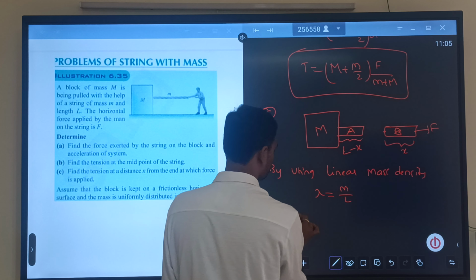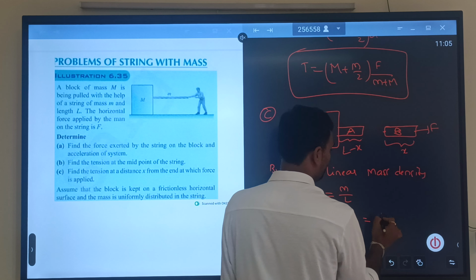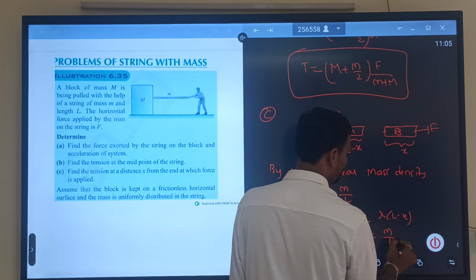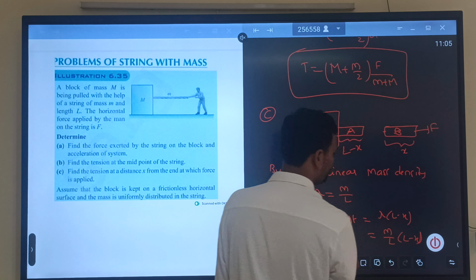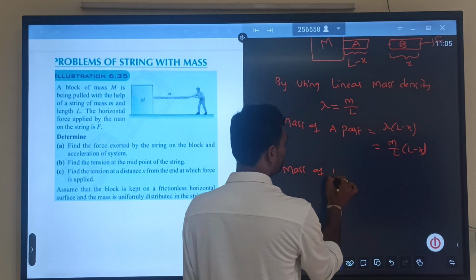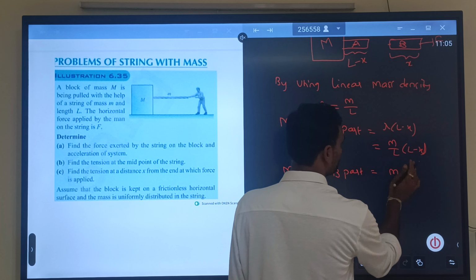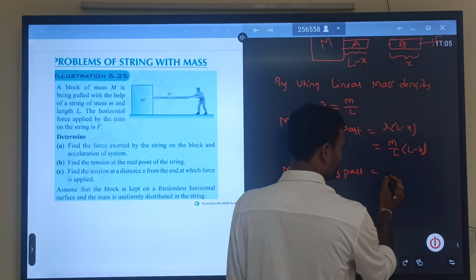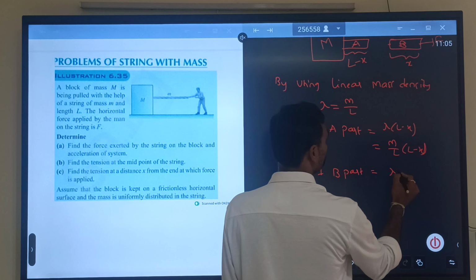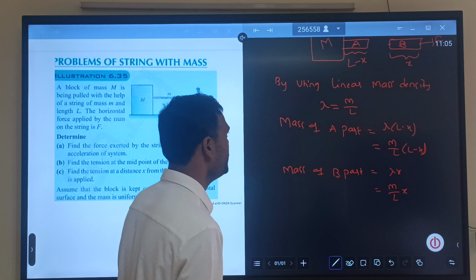Mass of A part is equal to lambda into L minus x, that is m by L into L minus x, and mass of B part is equal to lambda into x, that is m by L into x.